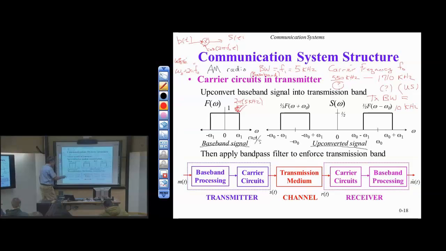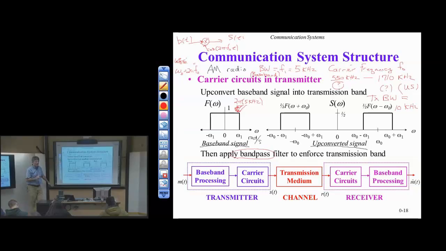All right, now the carrier circuits in a mathematical model would have this multiplication by a cosine, and then we follow it with a bandpass filter just to enforce the transmission band that we're supposed to use. And one of the reasons, so why do we need to do that? We don't take up other channels. So again, the circuit design is going to have some noise and some nonlinearities in it, most likely.